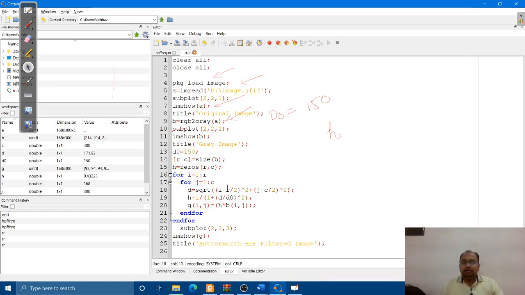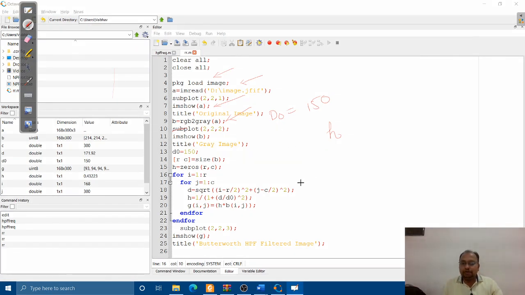Now let us compute the distance D. The distance D is calculated for each and every pixel from the center of the image.